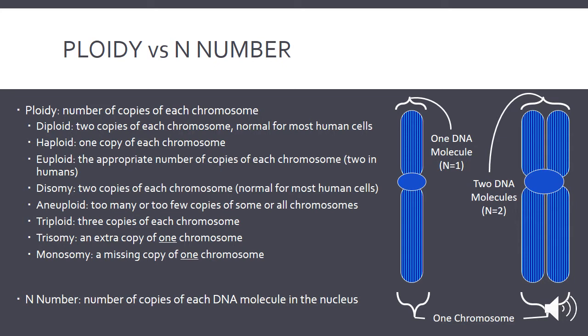Remembering that a replicated chromosome that has two sister chromatids is still one chromosome, okay? So diploid is normal for humans, and really for most human cells with very rare exceptions. The diploid number for humans is 46. Human chromosomes come in 23 pairs. So haploid would be one copy of each chromosome, which in humans is 23 chromosomes total. And that's the usual number for mature gametes, eggs, or sperm.